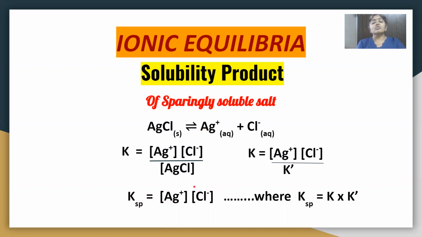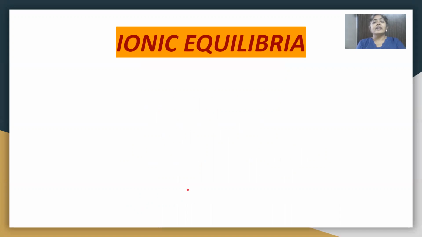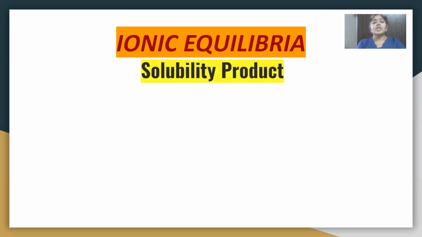But if the balanced equation has the coefficients, you will have the solubility product as the product of the equilibrium concentrations of the ions raised to its stoichiometric powers. Okay, so let us take a general equation now and try and understand what is solubility product.